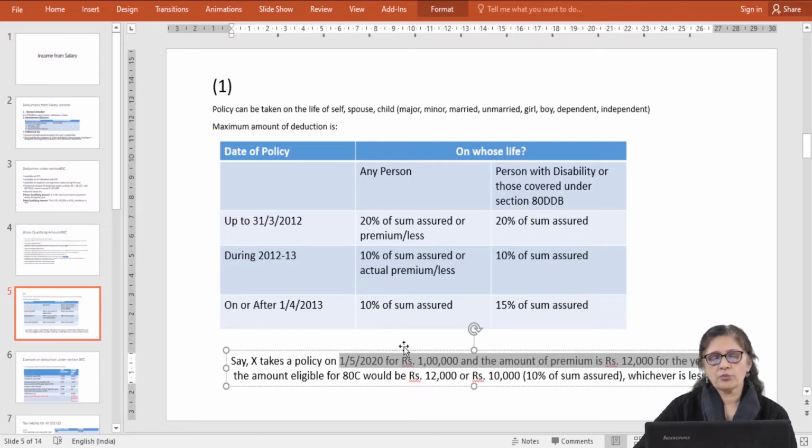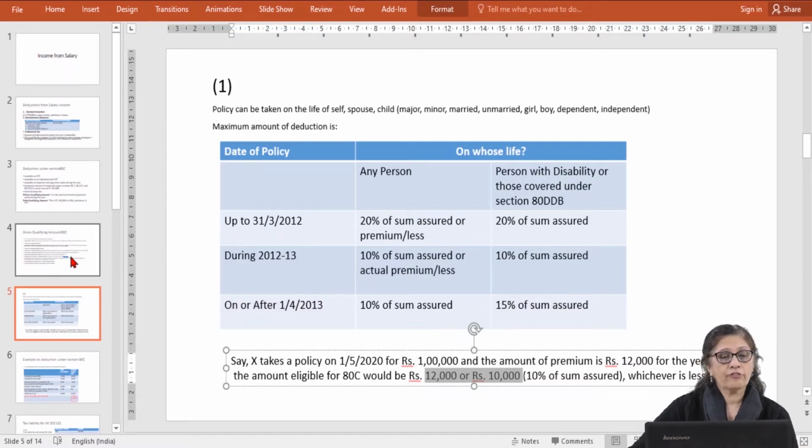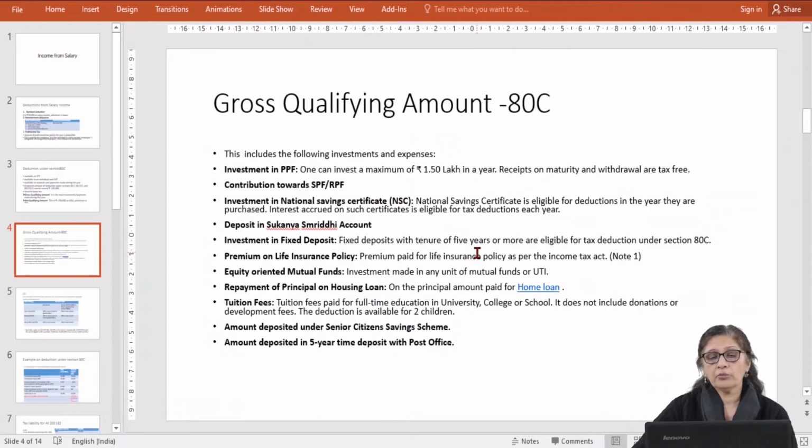So 10% of sum assured would be 10,000. You are paying a premium of 12,000. So the amount that will be considered for the purpose of deduction would be 12 or 10, whichever is less. So you have to be a little careful about the premium amount that is eligible for deduction under 80C.